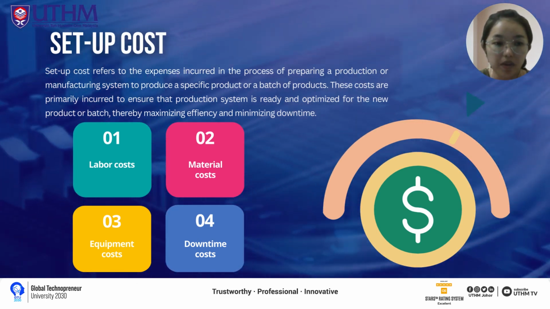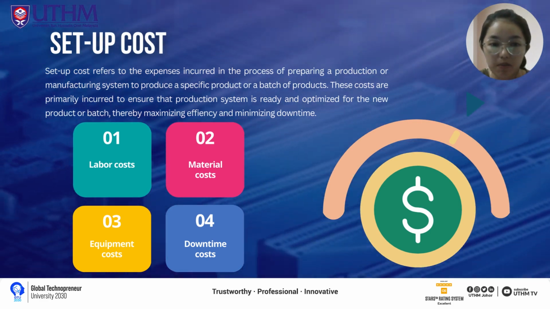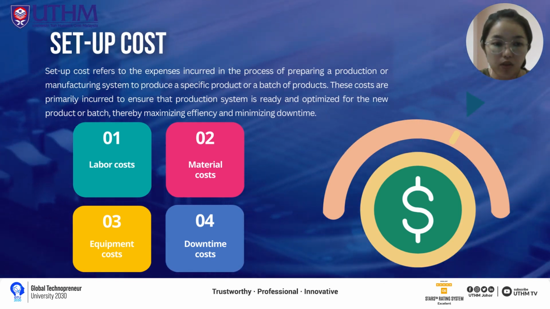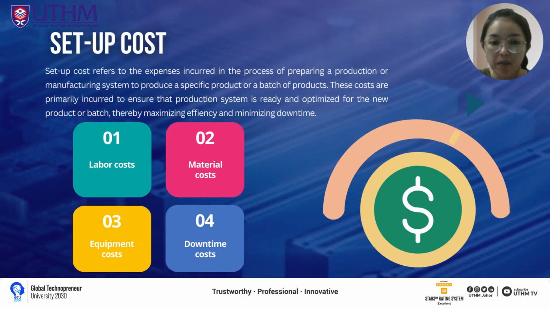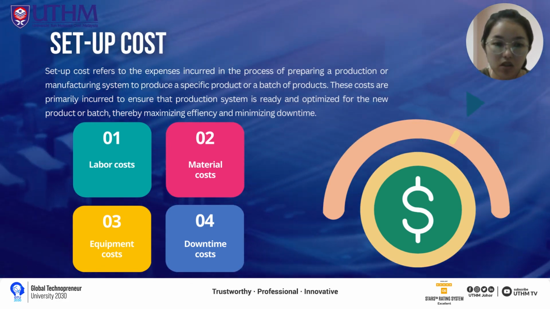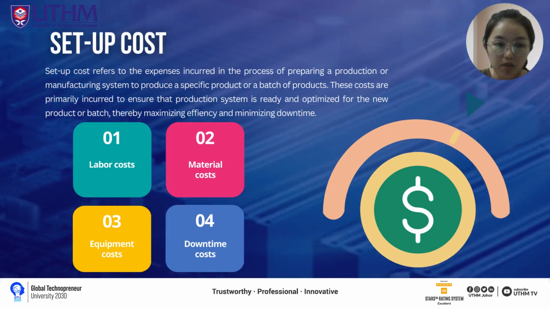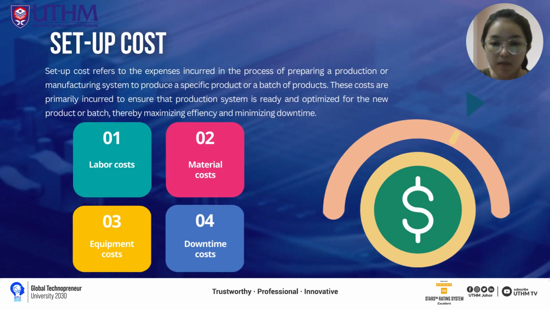The third one is the equipment cost, which is associated with the use of specialized tools, machinery, or instruments required for the setup, including any rental fees, depreciation, or maintenance expenses. And the last is the downtime cost, which is due to the interruption of production during the setup process, including the loss of potential revenue or productivity.